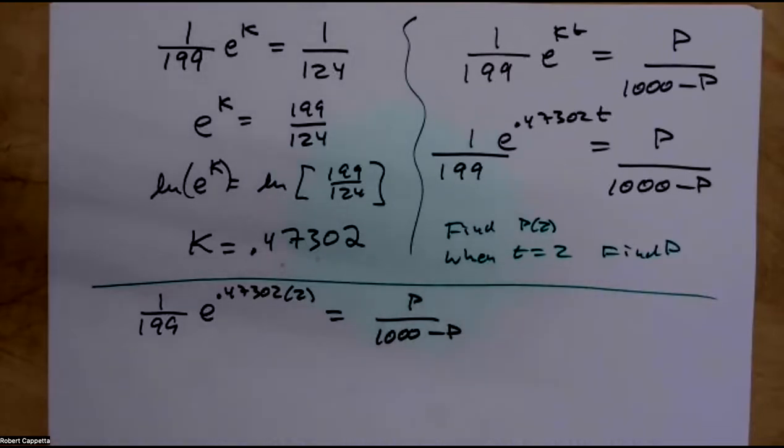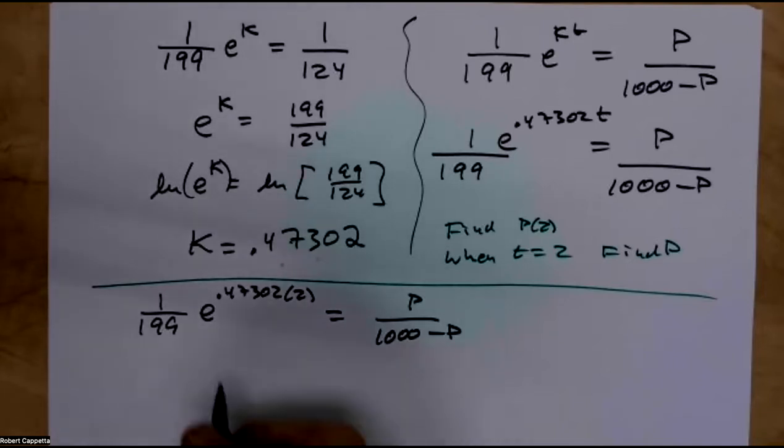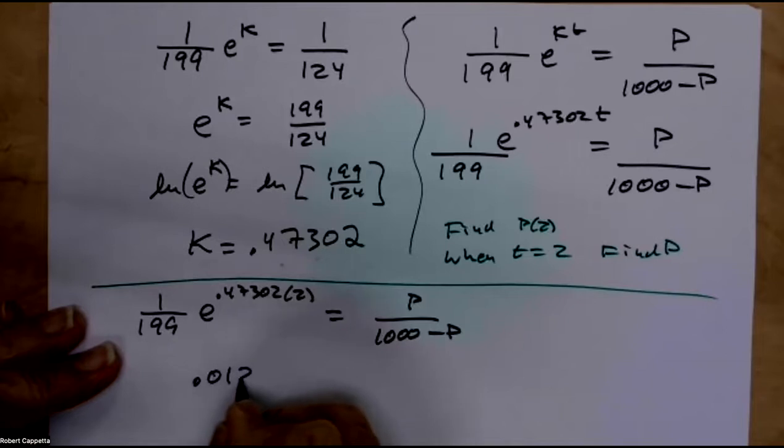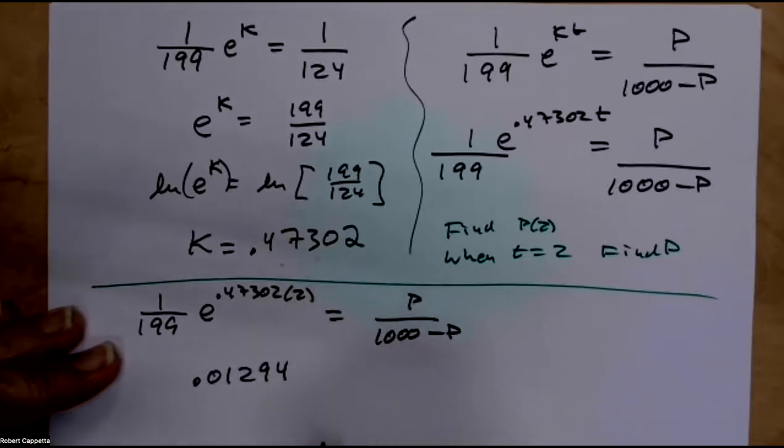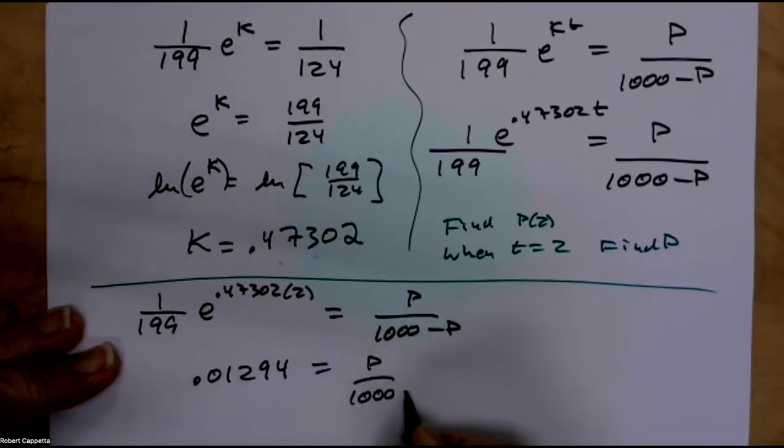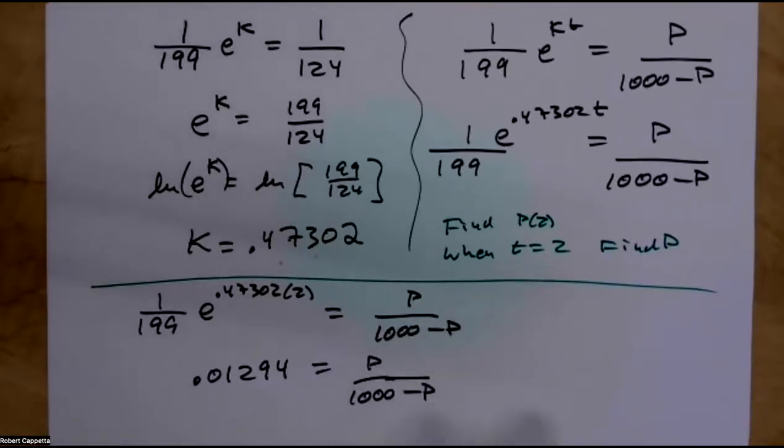So here we'll see how good your calculator skills are. How good mine are. 1 over 199 times e to the 0.47302 times 2, and I'm getting 0.01294 on this side, equals p over 1,000 minus p.